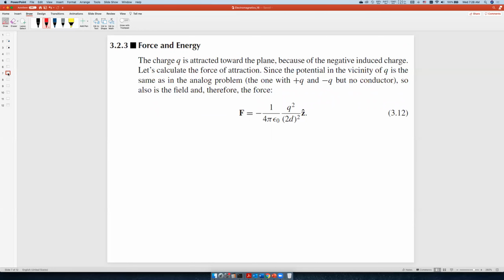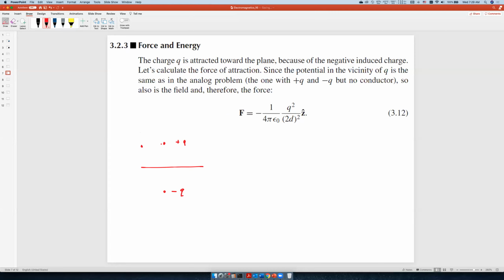Okay, after the charge calculation, let's see the force and energy. The force is easily calculated because now you have a charge plus Q here. This is the XY plane, and you have a charge negative Q here. You want to calculate the force in the upper plane. It's very easy.